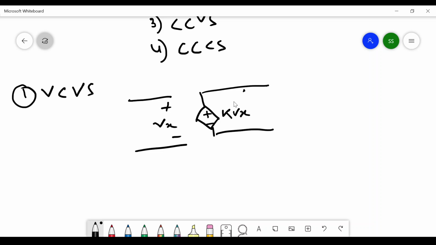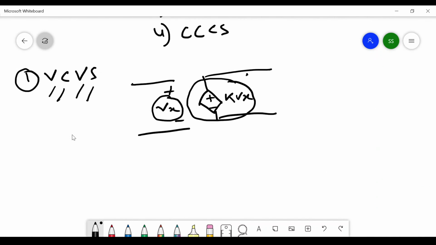So this voltage source is controlled by this particular voltage. That is why it is called a voltage controlled voltage source. Here, this particular element K is dimensionless. It is nothing but a number.